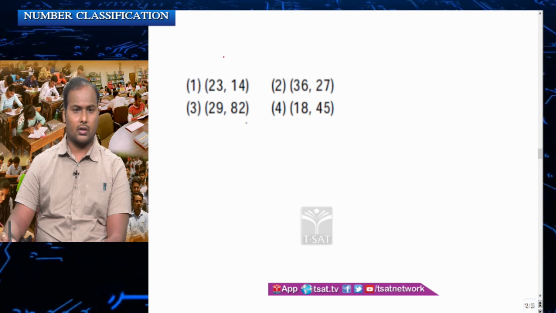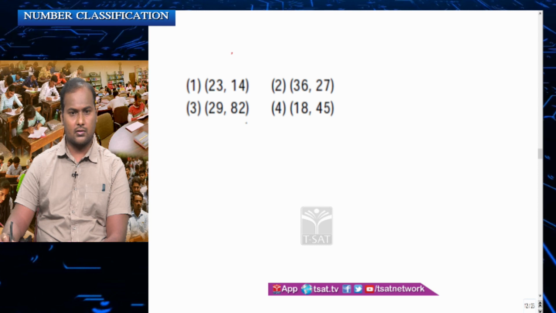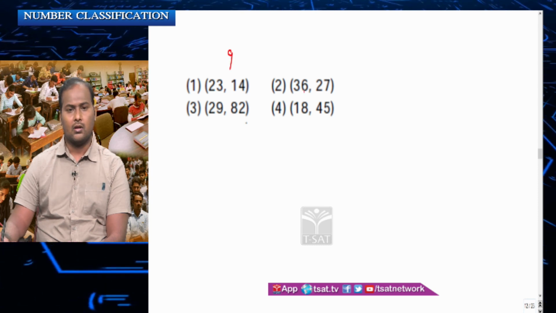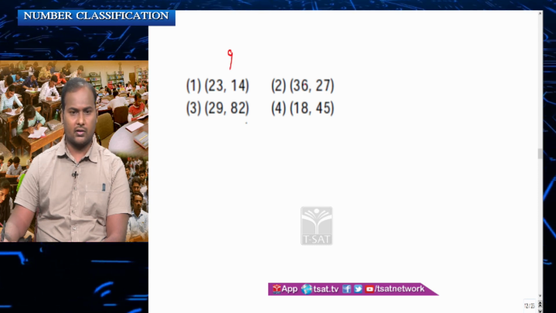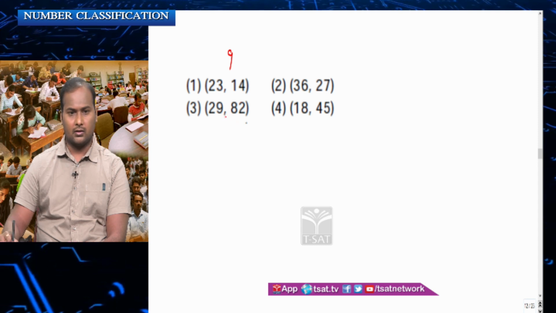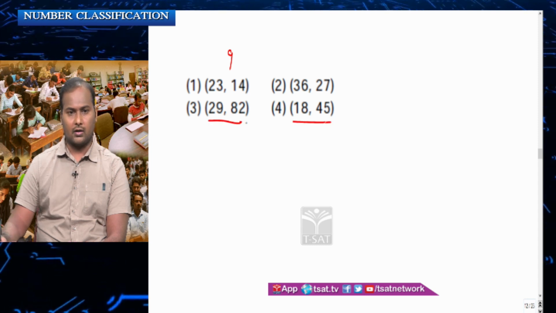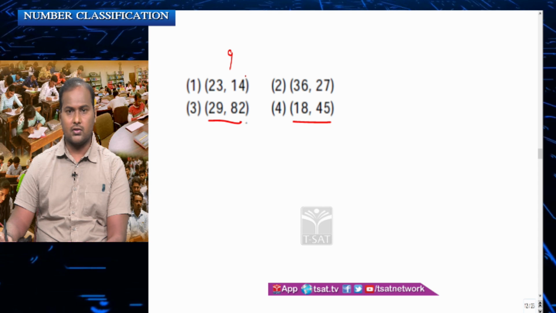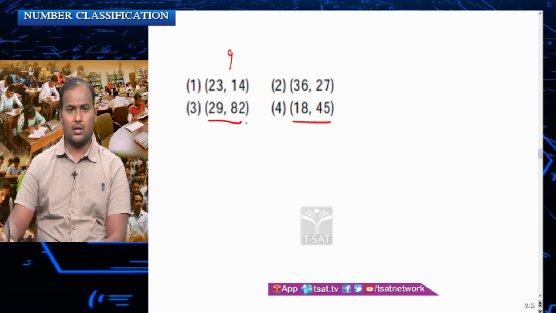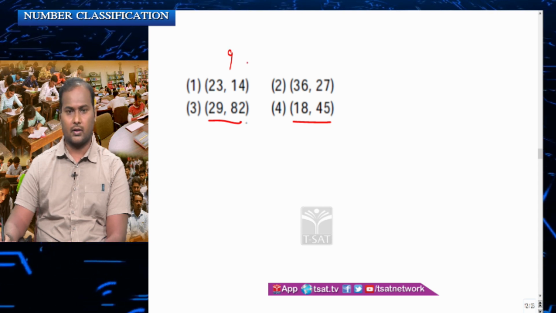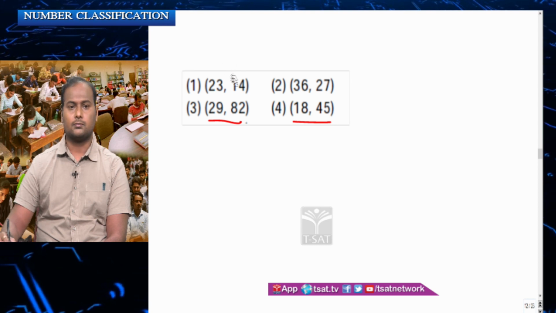So if you see the difference, it comes to 9 here. Here also there is not much difference, 27 and 39. But you can see here 29 and 82, 18 and 45, I can't come to that range of difference. You can't see a constant difference in all of this, right? So I can't take this one.